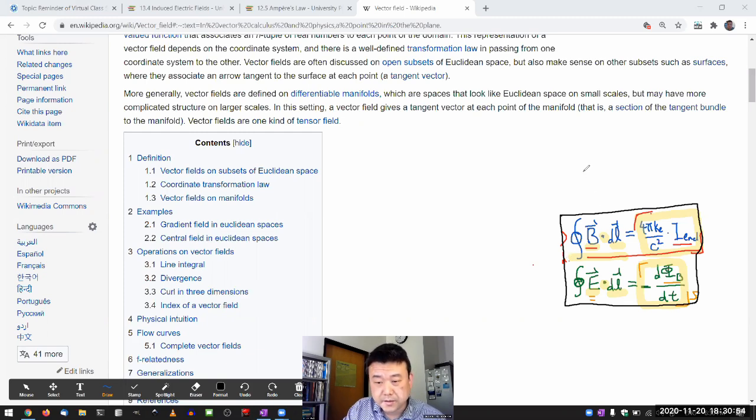So Gauss's law says that this integral is over some closed geometrical object, but that geometrical object is not a line, it's an area. Gauss's law says that this quantity is equal to 4 pi Coulomb constant times the amount of charge enclosed.